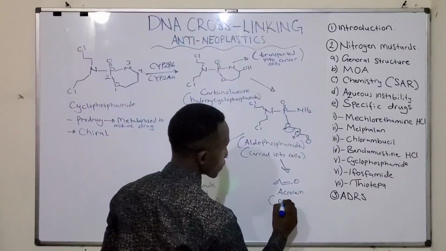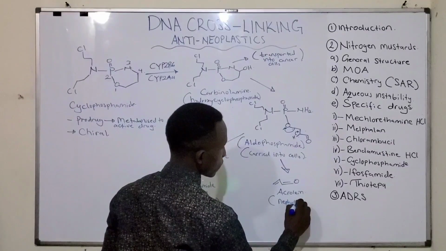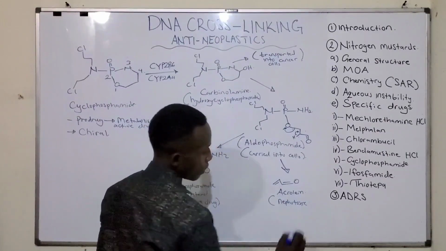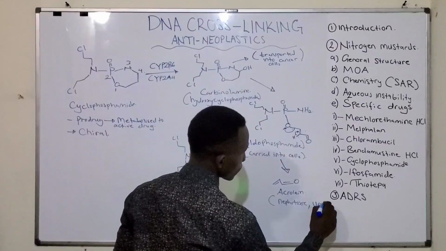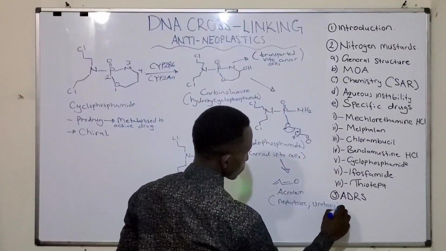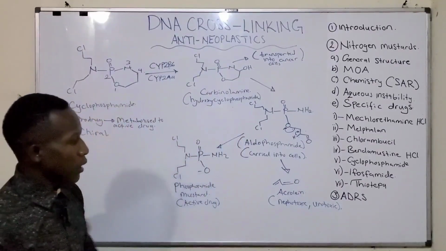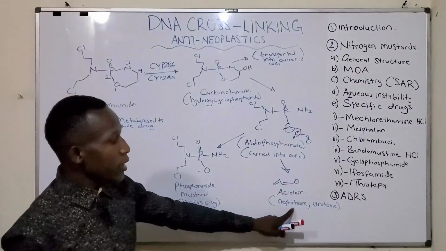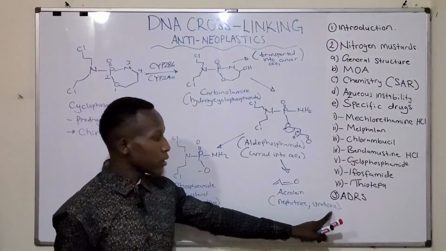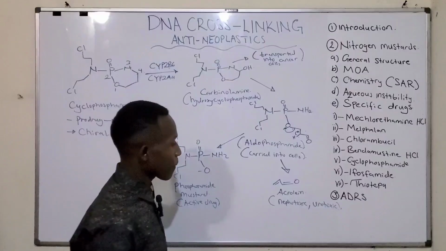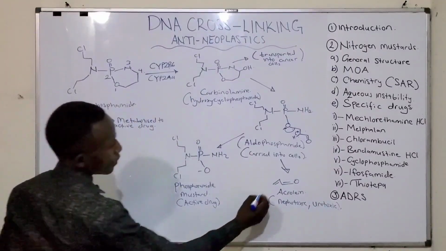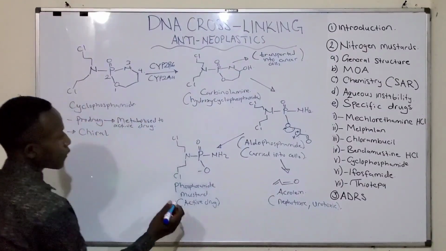Acrolein is nephrotoxic and urotoxic. It can damage the kidney and also the urinary tract. We are going to deal with this one after.